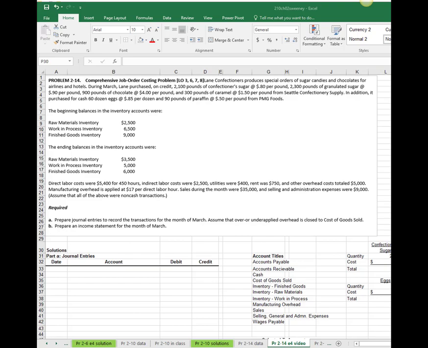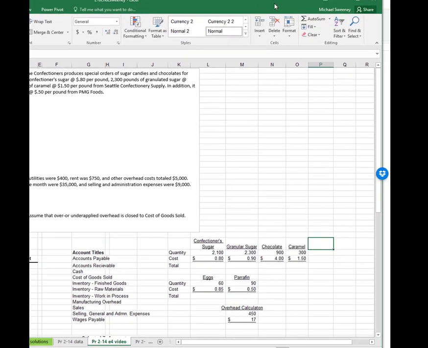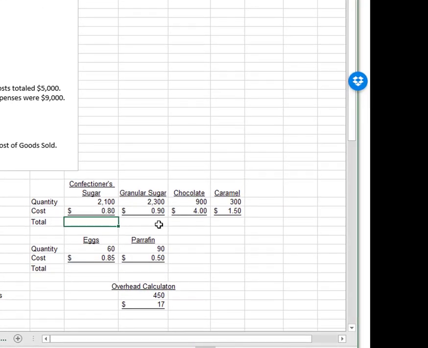Okay, I've got the calculation set up over here. Let me just move this over so we can see it. Here's my calcs, the quantity times the cost. So for confectioner sugar, granulated sugar, chocolate, and caramel, we purchased a total of $7,800 on credit.